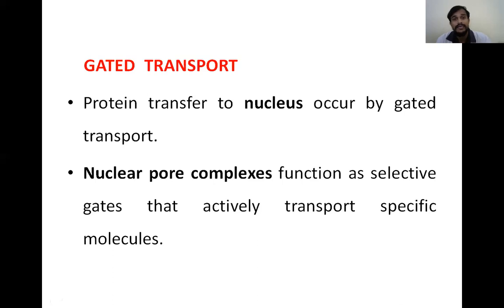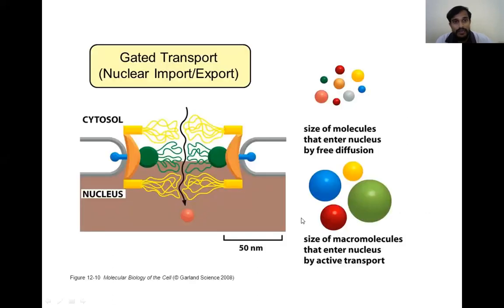That means the proteins that are to be transported from the cytoplasm to the nucleus will generally be transported by gated transport, and this gated transport is regulated by the nuclear pore complexes. So here in this picture you can see the nuclear pore complexes. This is the nucleus, and this is the cytoplasm, and in between there are nuclear pores.